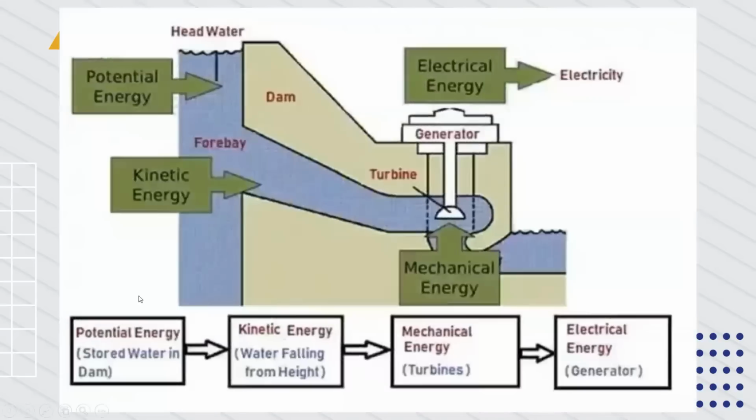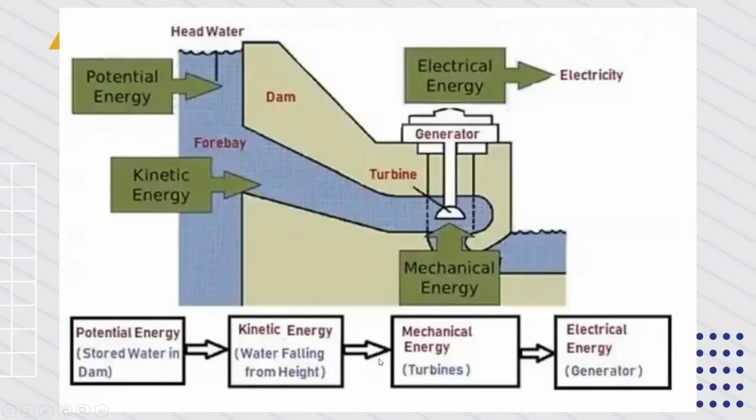Okay, so in a hydroelectric power plant, the stored water in the dam actually has gravitational potential energy. And then, as the water falls from a certain height, that potential energy becomes kinetic energy.